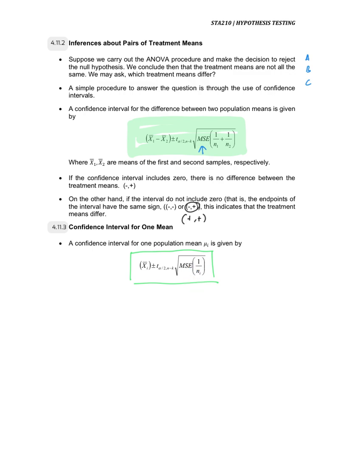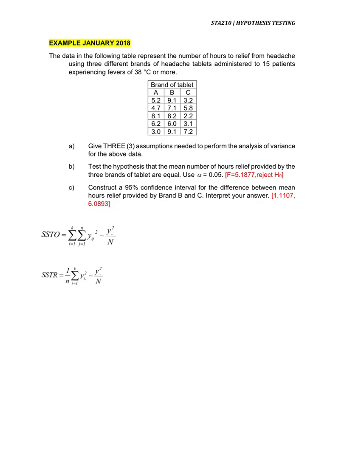So please remember these two formulas for finding the confidence interval. This is the alternative to the confidence interval formula that you have learned in the estimation topic. Okay, please complete this example on your own.